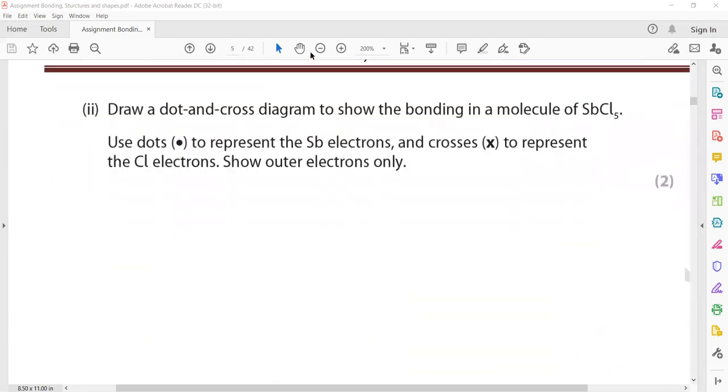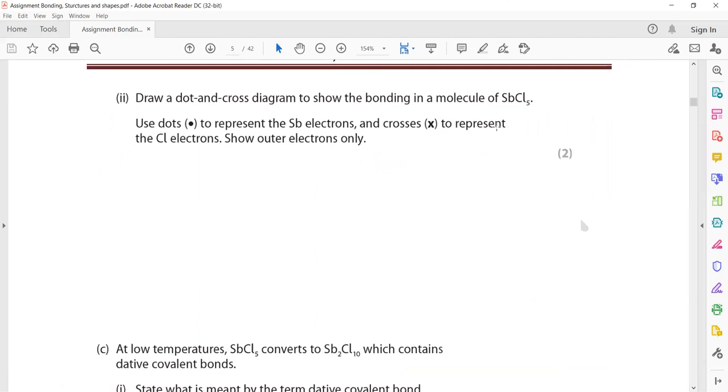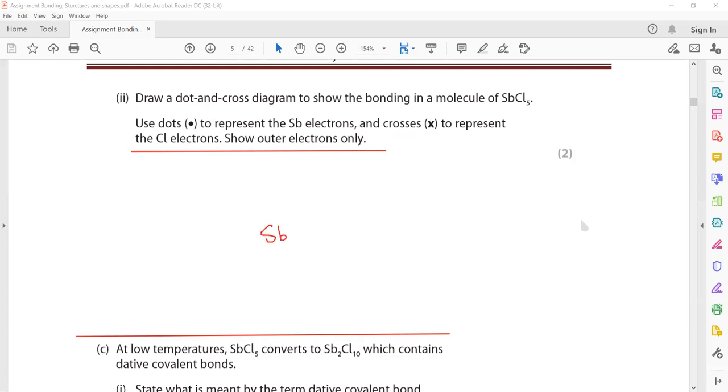Draw a dot and cross diagram to show the bonding in a molecule of SbCl5. Use dots to represent Sb electrons and crosses to represent chlorine electrons. Show outer shell electrons only. So we just have to represent the electrons in the last shell. Sb has 5 electrons in the outermost shell, and we represent the electrons of Sb with dots: 1, 2, 3, 4, 5.